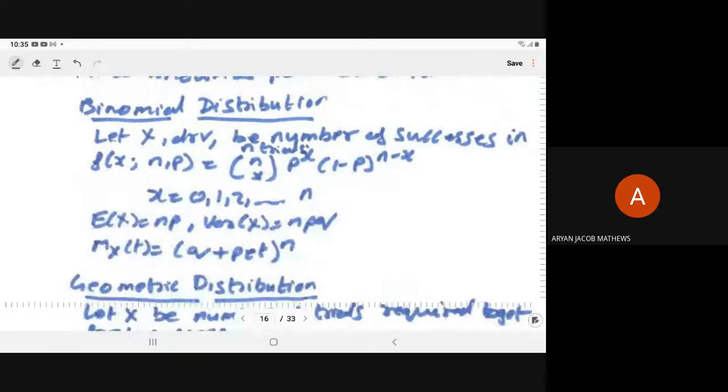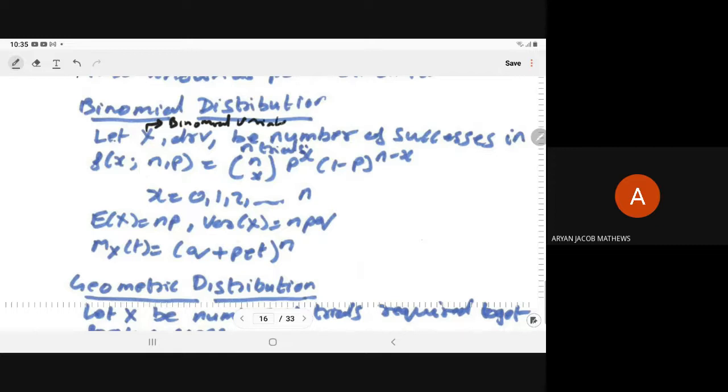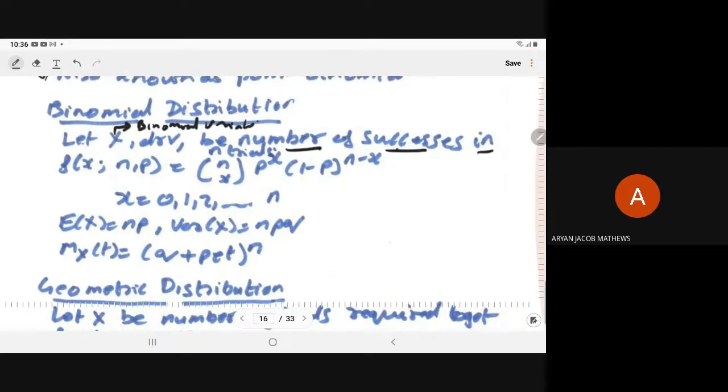Now we have the binomial distribution. Here x is the binomial variate. This is also a discrete random variable, and it measures the number of successes in n Bernoulli trials.